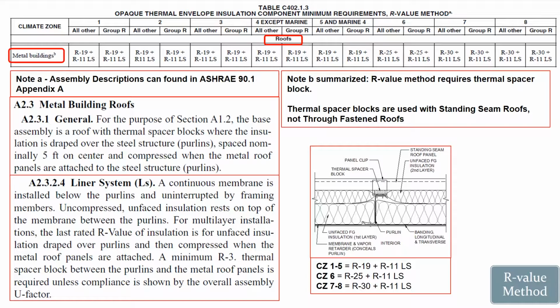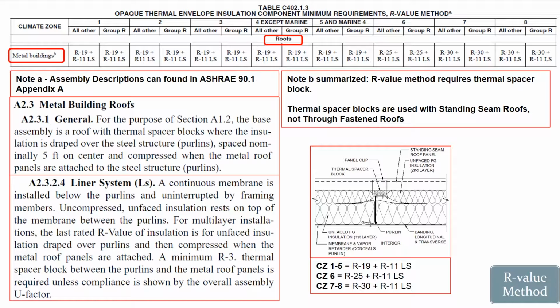I added another note. Note B summarizes the R value method with thermal spacer block, which we already reviewed. And you probably know that thermal spacer blocks are commonly not used. Actually, 99% of the time not used with a through fastened roof, because you would need to have longer fasteners.